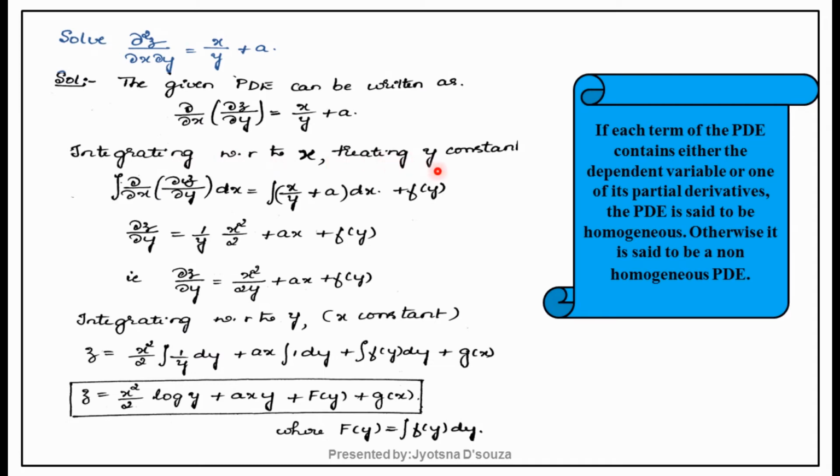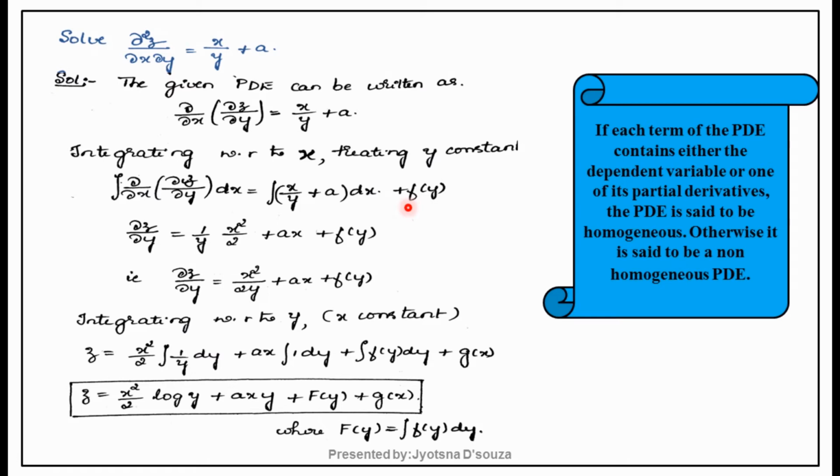Now apply the integration. The integration of ∂/∂x (∂z/∂y) dx is equal to the integration of (x/y + a) dx plus an integrating constant. Since y is constant, some function of y, that is f(y), is my integrating constant.